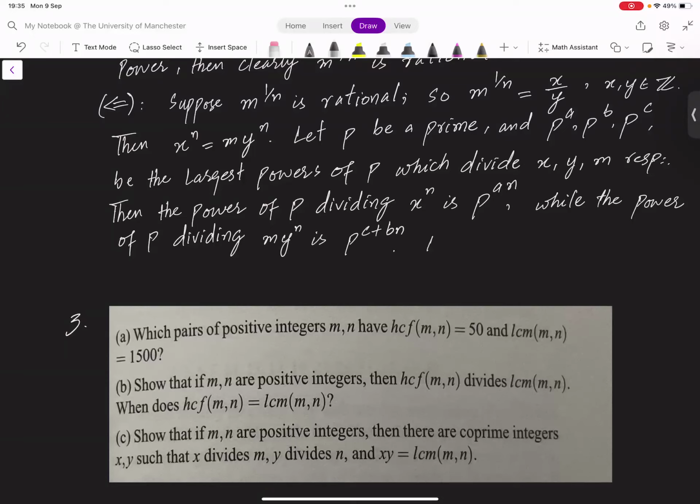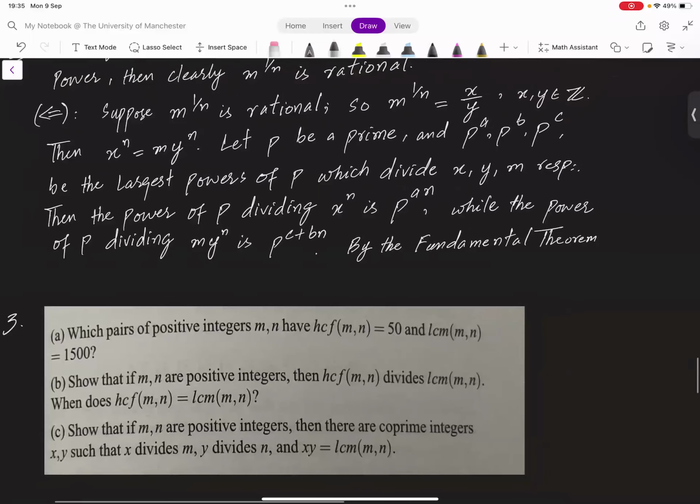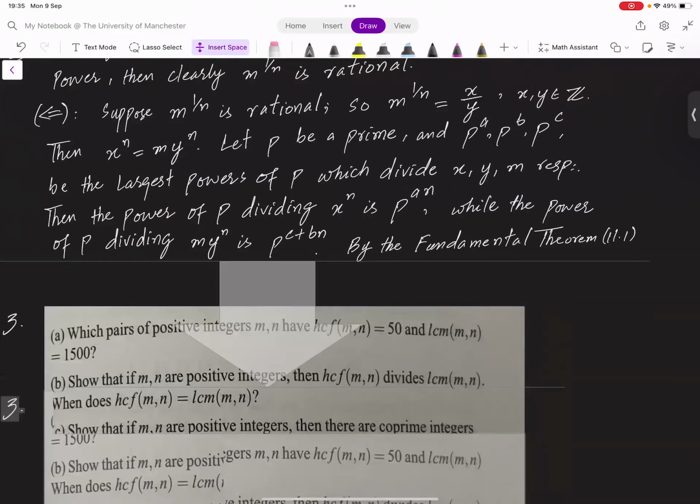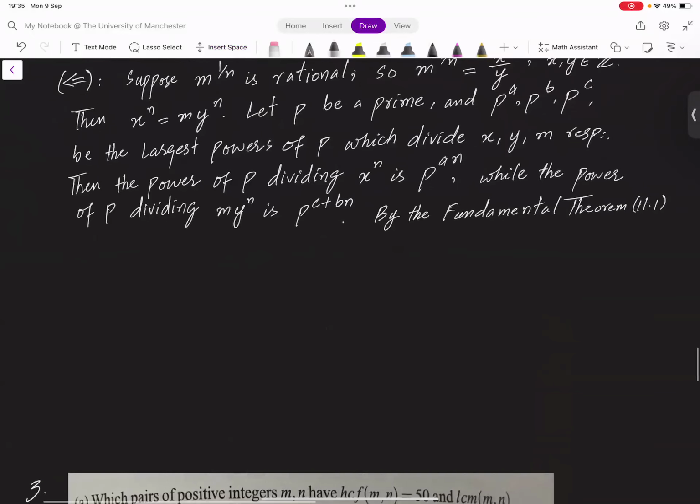By the fundamental theorem, theorem 11.1, we must have an is c plus bn.